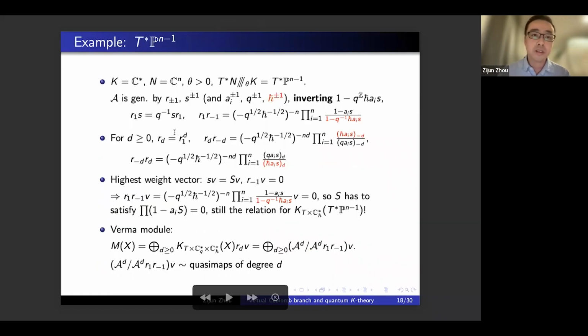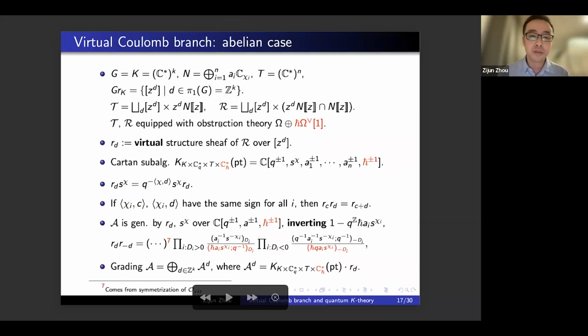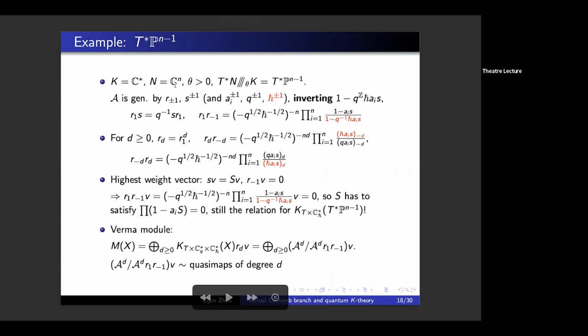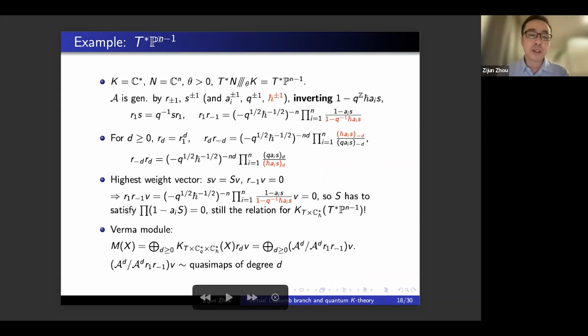And okay, so these are the relations for the abelian virtual Coulomb branch. And in this T star Pn minus 1 example, these are the relations. And here, this is what I mentioned briefly before.